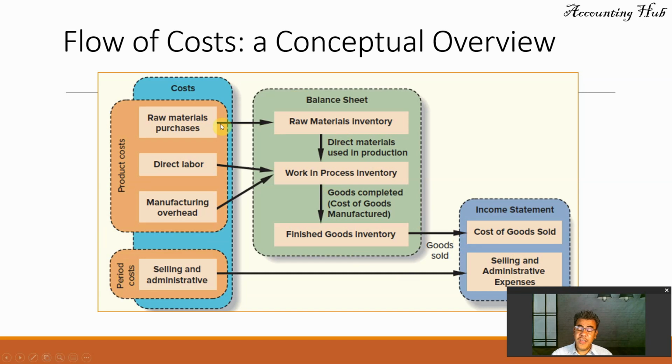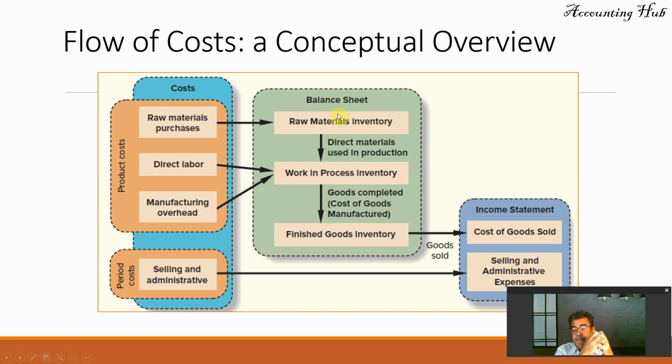However, before they are sold, we need to produce them. So when we are producing them, they are inventory. And we have three inventories: raw material inventory, only for raw material purchase. So here, usually it is direct materials, but we can have some indirect materials here as well.